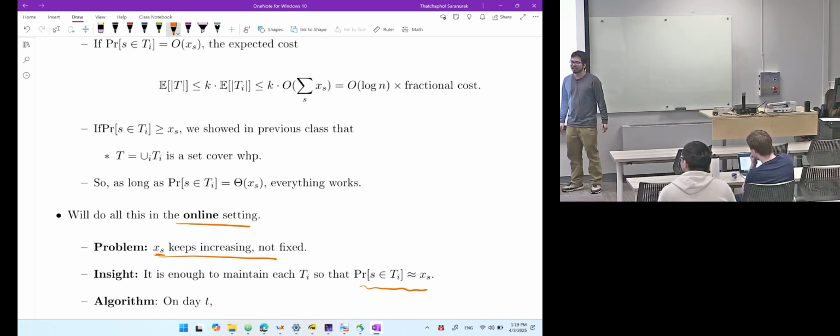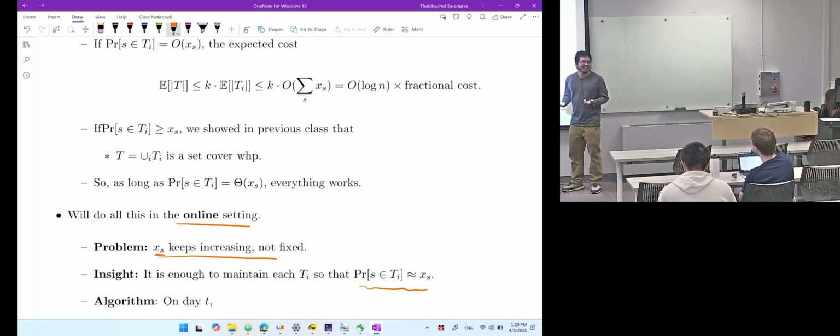What would you do? If on the first day it increased by 0.1, you just include it into Ti with probability 0.1.